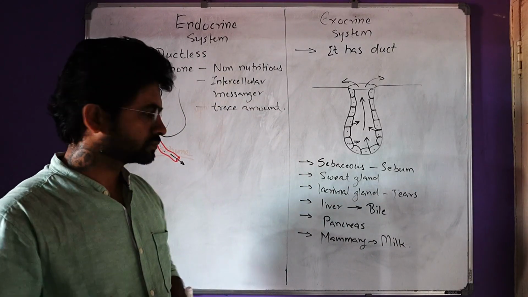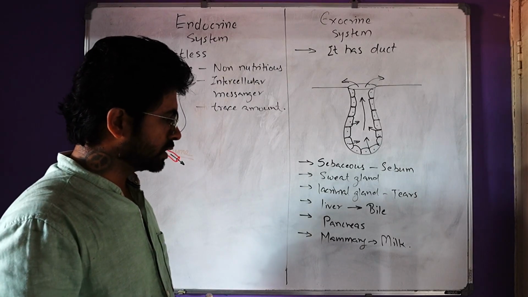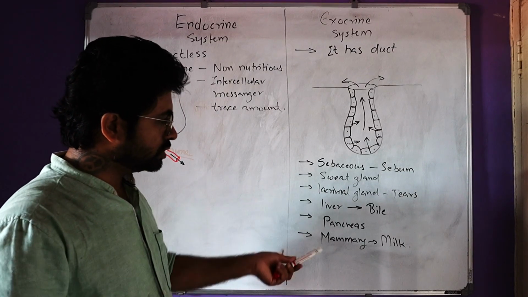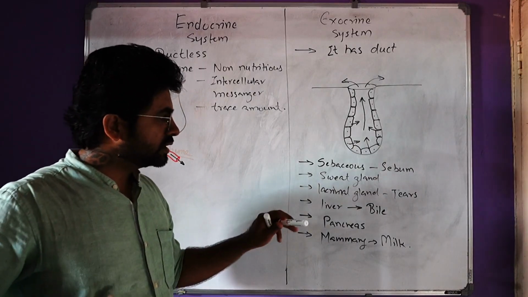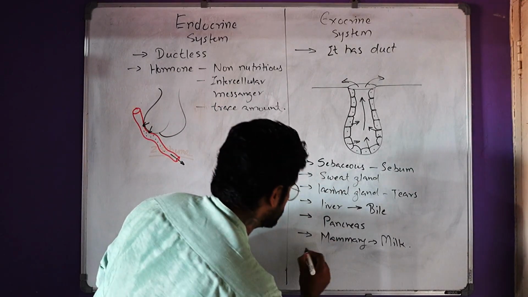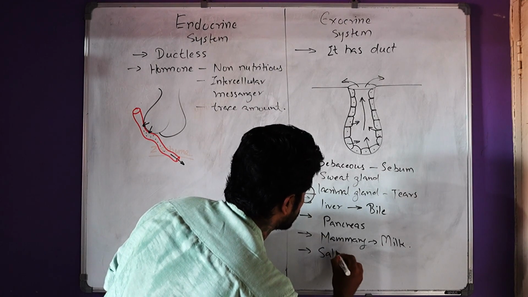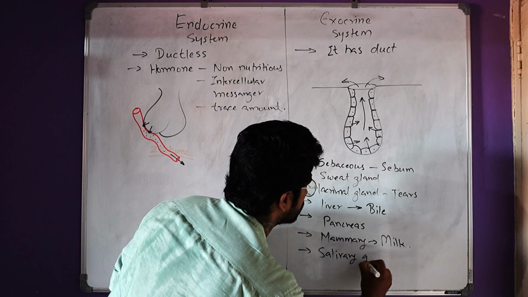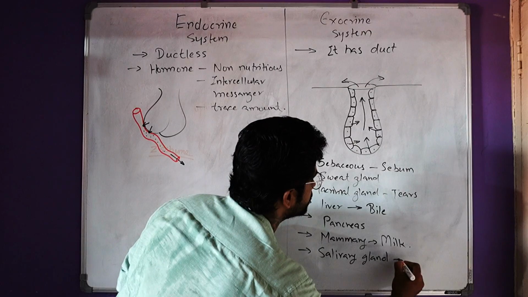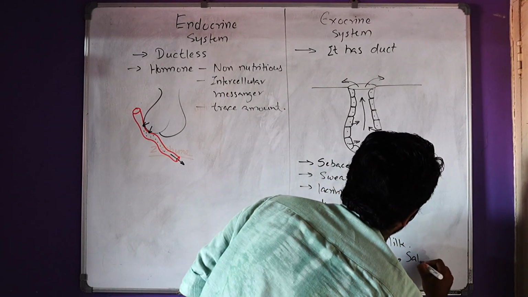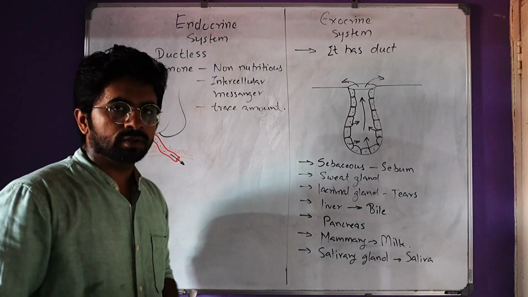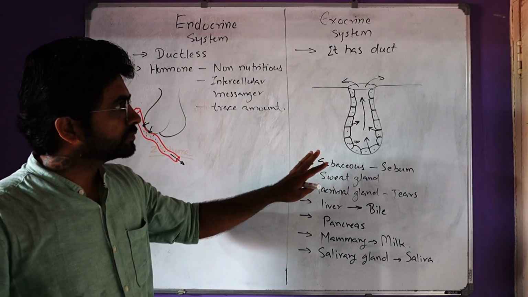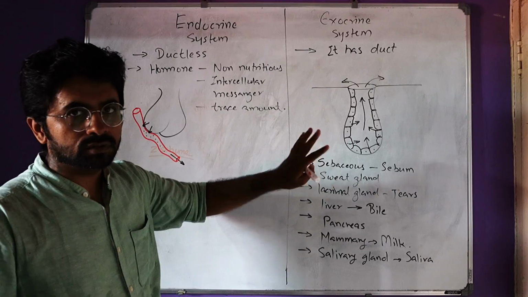All these glands and some other glands are there, salivary gland is also there, which secretes saliva. So these are all exocrine glands.